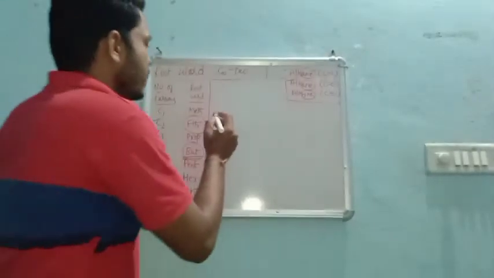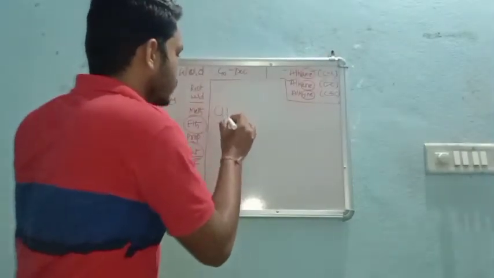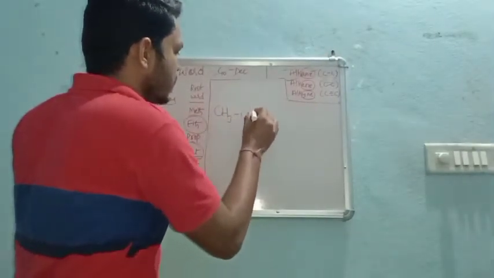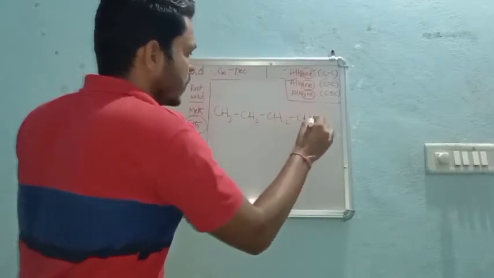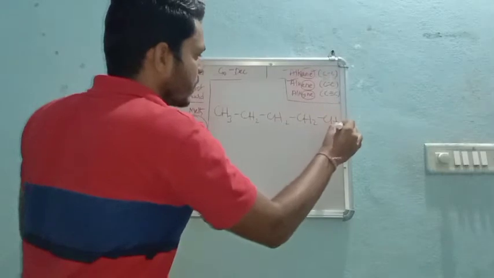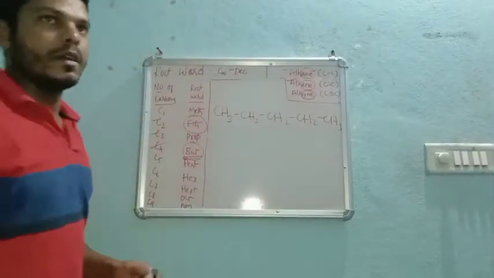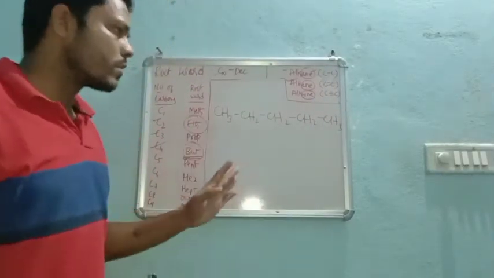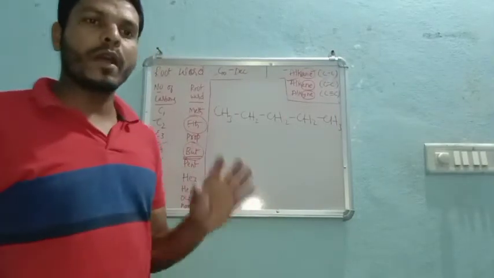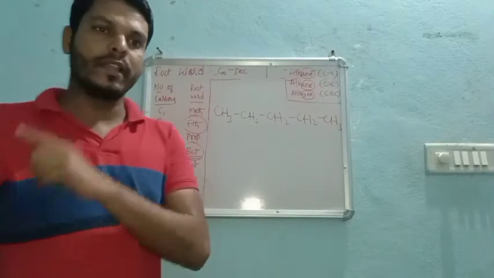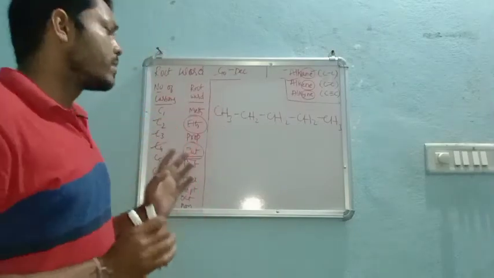So say for example CH3, CH2, CH2, CH2, CH3. Remember, first we have to count the number of carbon atoms, as we did in the last class. Very simple.